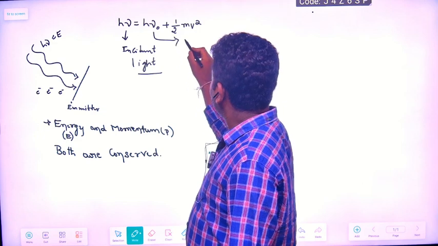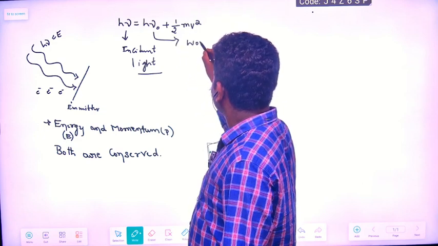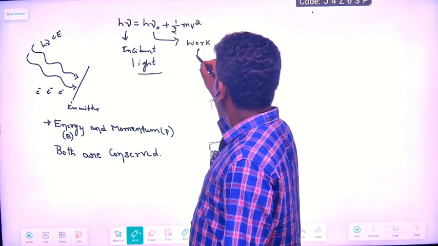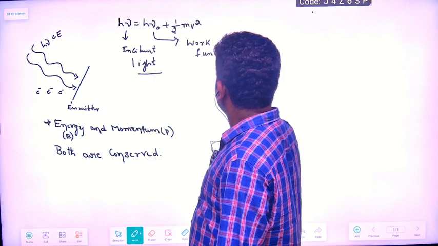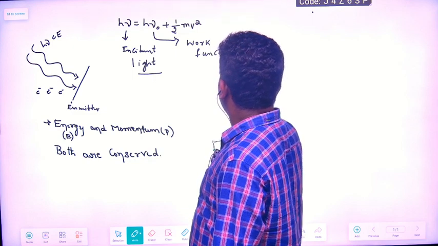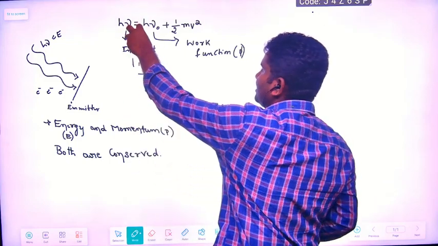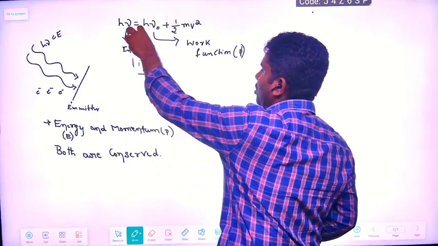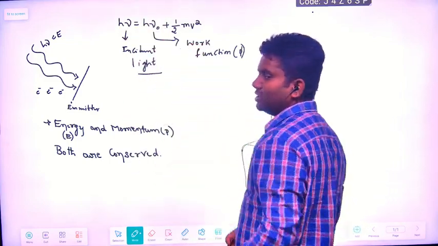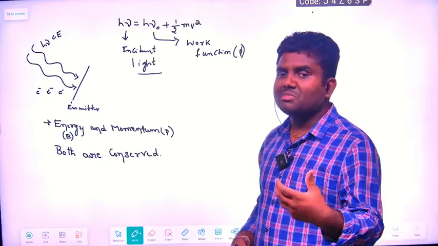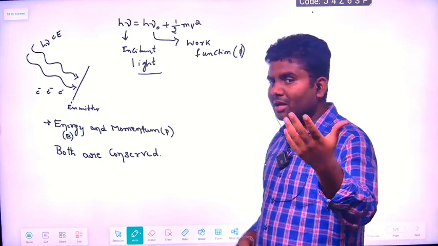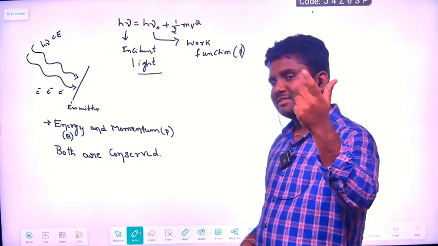It is the work function. This incident light energy, a small amount, is used as the work function. What is work function? It's the minimum energy needed to remove the electron from the metal surface.